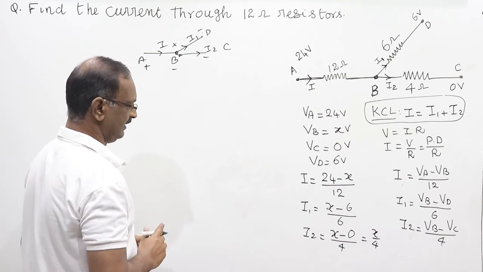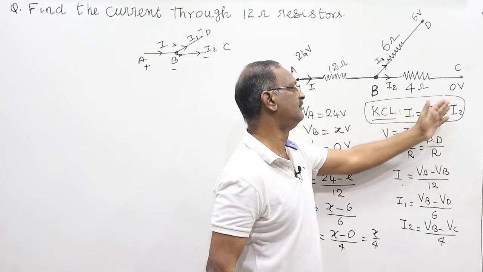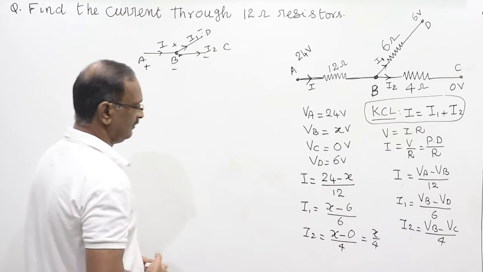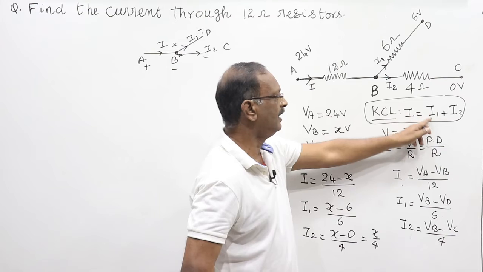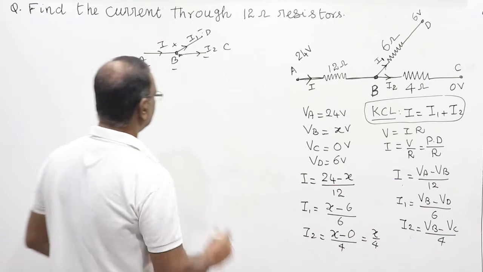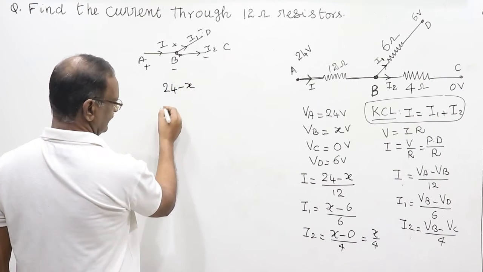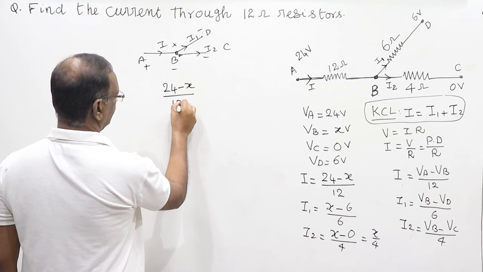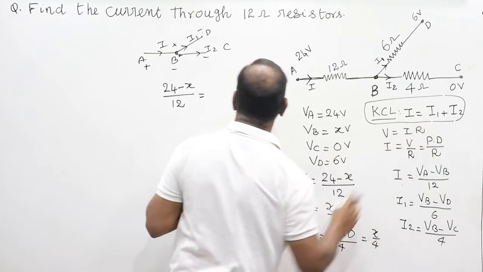So according to the Kirchhoff current law, I is equal to I1 plus I2. Now we will use this equation. I is equal to 24 minus X divided by 12, which is equal to I1 plus I2.